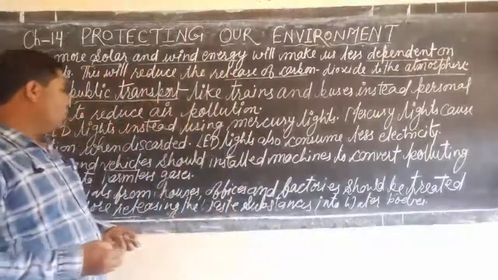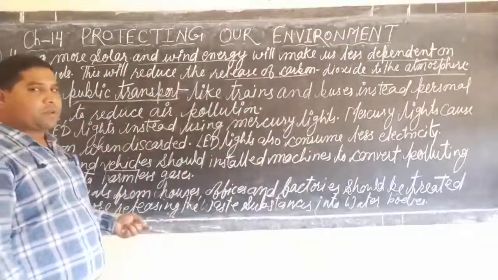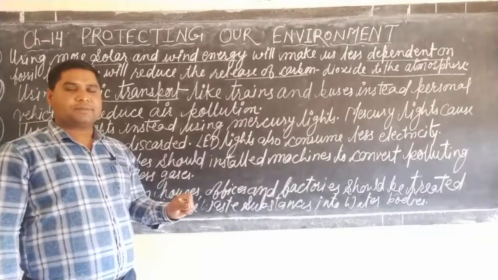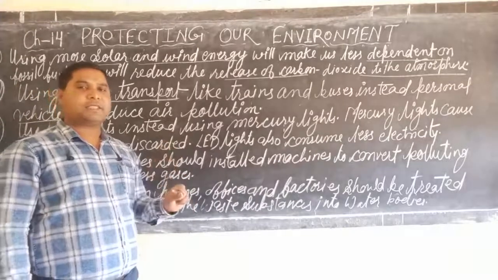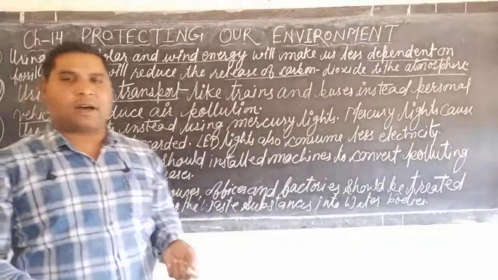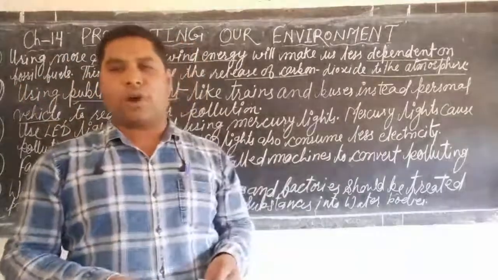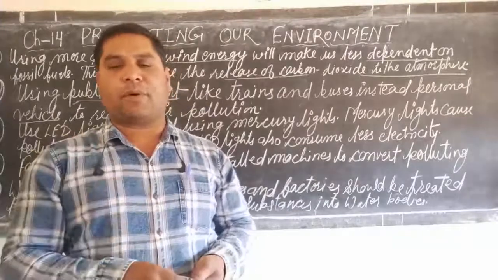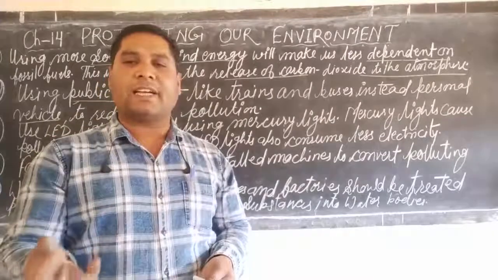So we should treat the waste of the factory in the proper order so that it becomes harmless, and even after the release to the source of water or other natural resource, it does not cause any type of side effect.